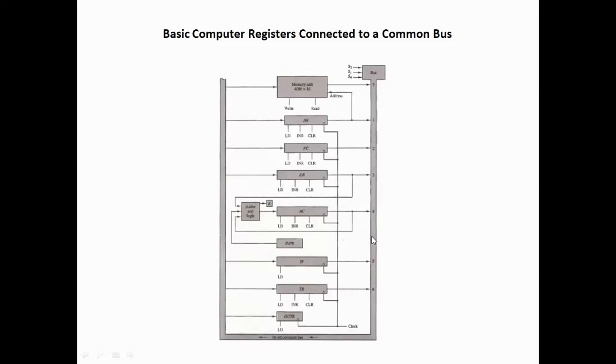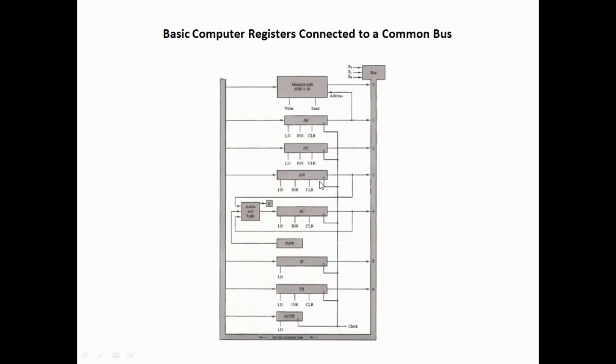So here we can see that 7 is implying memory. So memory can use this bus, others cannot use. If this is 001, 001 means 1, that means the address register can use this bus, others cannot use. In the same way, if this is 010 implying 2, that means the PC register can use this bus, others cannot use. This way, a simple multiplexer can be used to make a common bus.